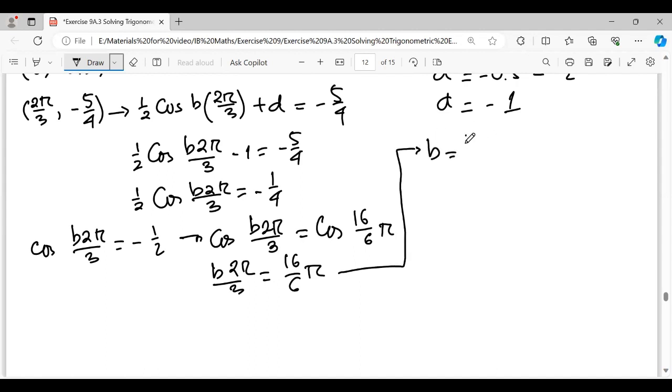B equals 16 pi over 6 times 3 over 2. Okay. B equals 4.